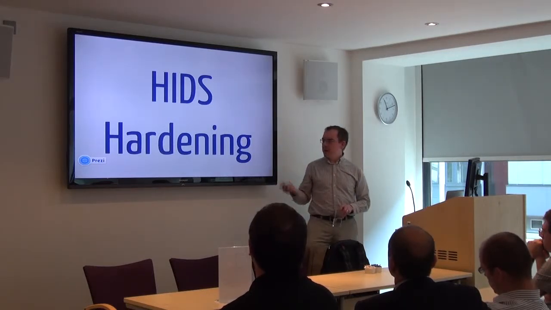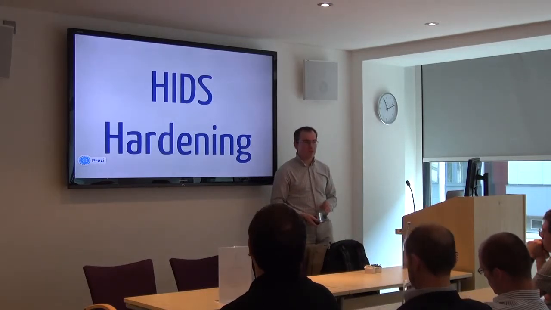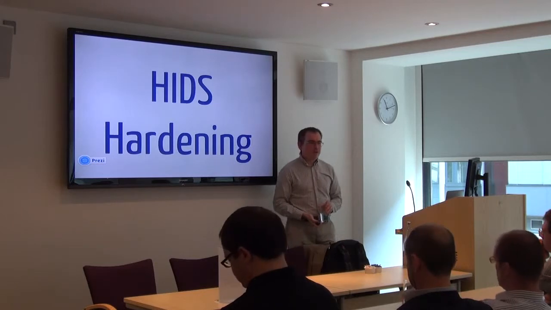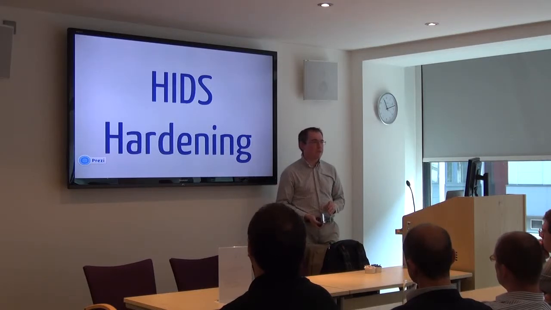And hardening. Hardening servers is a great idea. Again, it needs a bit of thought up front, not free, but get rid of the tools that hackers might use. On a Linux box, the first thing a hacker will probably use is curl or wget, depending on which they like, to download tools. If those tools aren't on the box, they might have to work a bit harder. They might have to run some more commands, or do something else which might turn up in the security log. So just make them work that little bit harder.